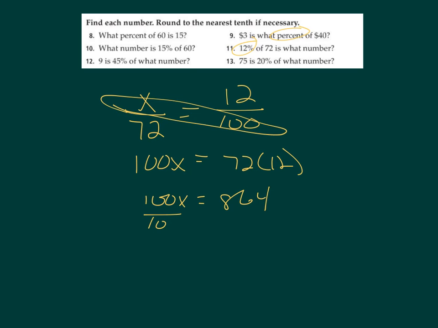When I divide by 100, I get x equals 8.64. 8 and 64 hundredths, but the directions told me to round to the nearest tenth if necessary. So I end up with 8.6 for a final answer. The 4 tells me to keep my 6 a 6. It does not tell me to round it up to a 7.